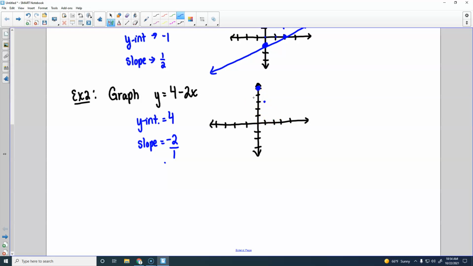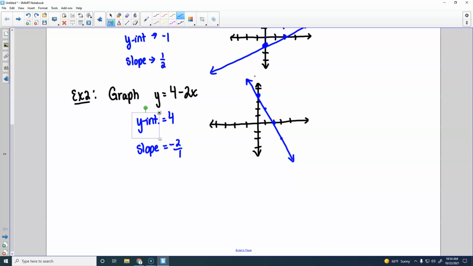Hold up. I've graphed that point wrong. Okay. Put that back. Slope is -2 over 1, down 2 to the right 1, down 2 to the right 1. And you can see, you need to make sure that line looks like it's decreasing from the left to the right whenever you have that negative slope.